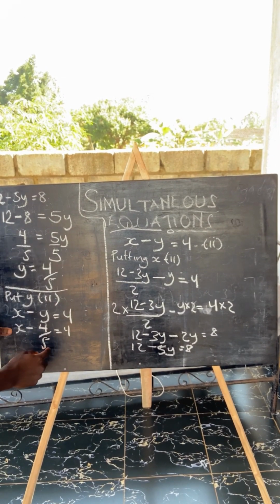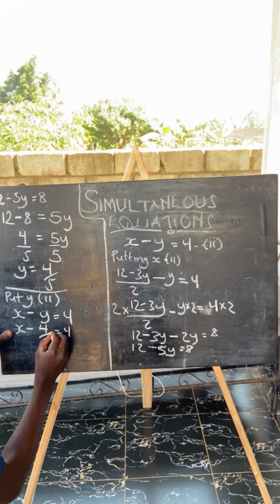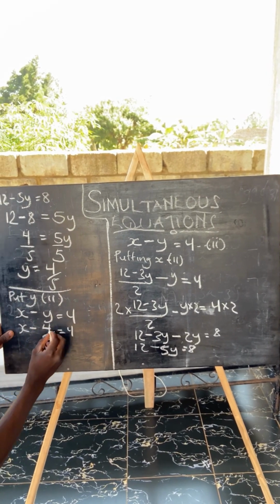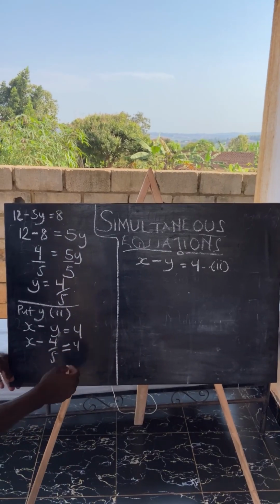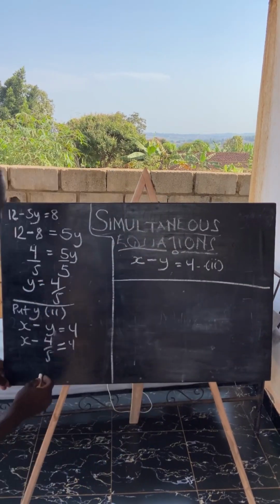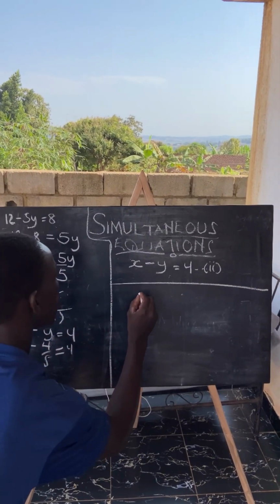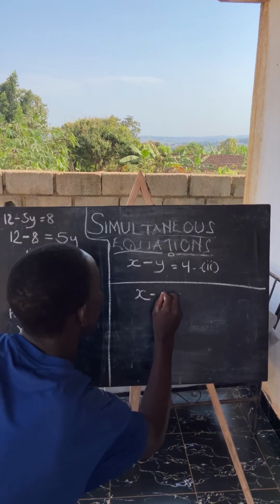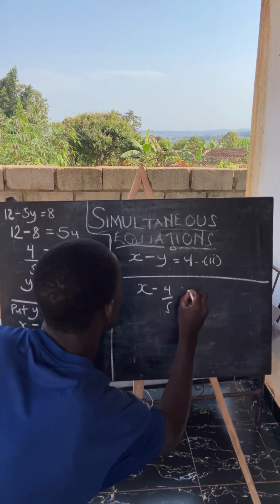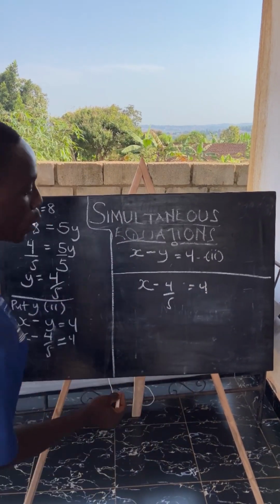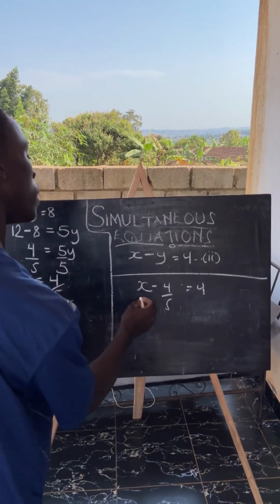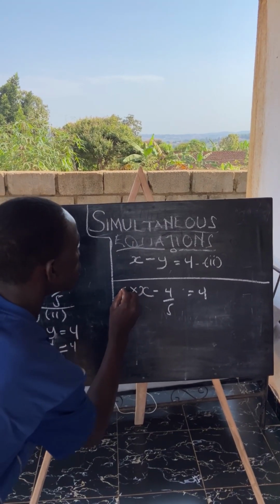So in order to remove this 5, we will multiply all our way. So we are going to multiply everywhere by 5.